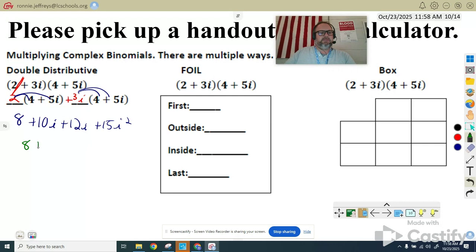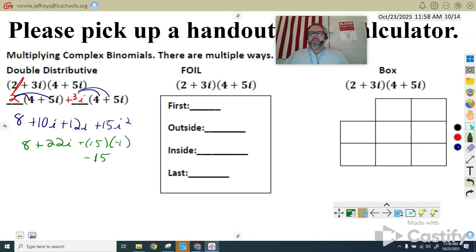So 8 plus this would be 22i. And then remember, this is 15 times negative 1, so this ends up being negative 15. All right, so 8 minus 15 becomes negative 7 plus 22i.